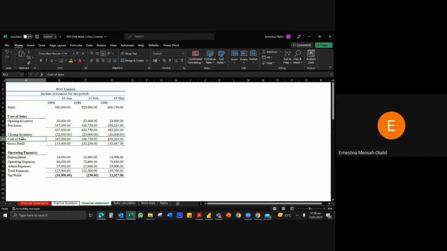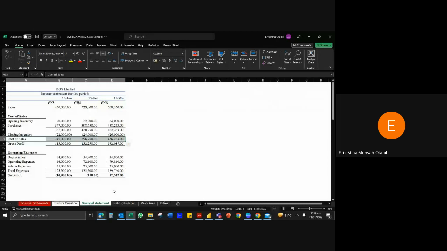So the cost of sales is also the cost of goods sold, and we are going to use this to calculate the inventory turnover.